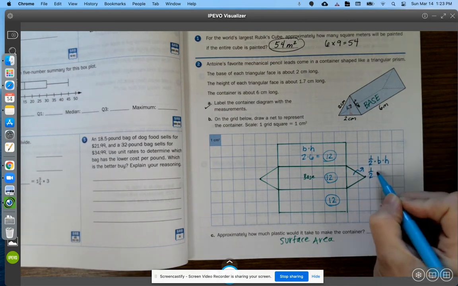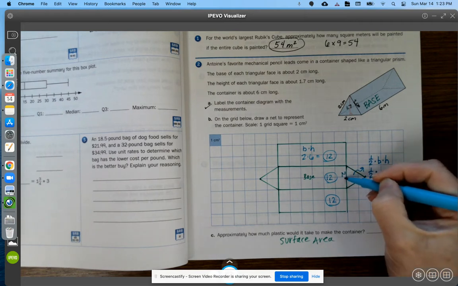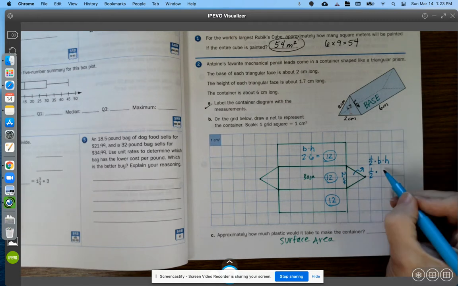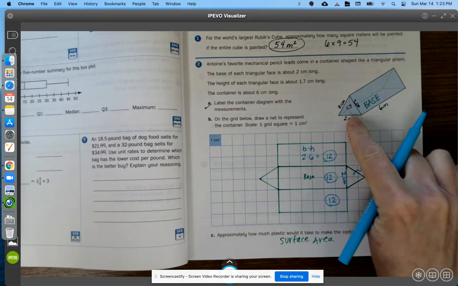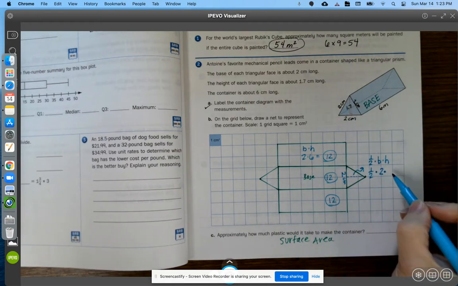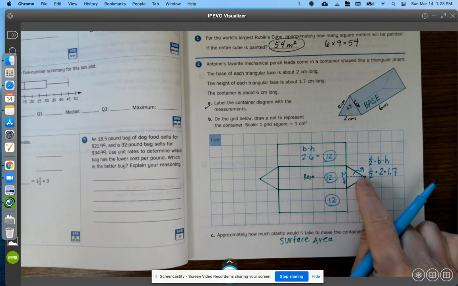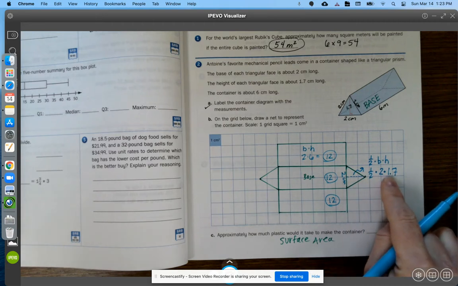And so the 1/2 times, now the base, we knew that that was 2 centimeters. Remember, that was our picture. So times 2 times, and our height, this dash right up here, was 1.7. Okay, so we have to kind of use our formula, use our measurements. So 1/2 times 2 times 1.7.